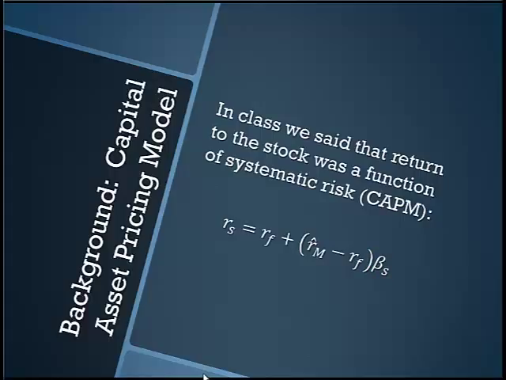That may look like BS, but it's actually beta sub S. The S for the beta is the same as for the return, so it's beta sub S and return sub S.